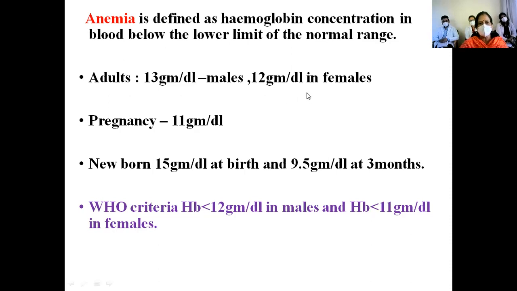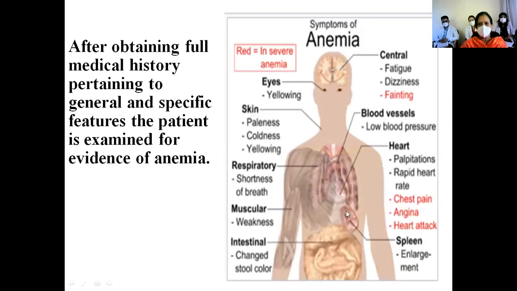What is the lower limit or range below which we say a person is anemic in pregnancy, in newborn at birth, male, female, everything, and what is the WHO criteria. An exercise for you. I will not be a reading software here. I just want you to read, understand, analyze.